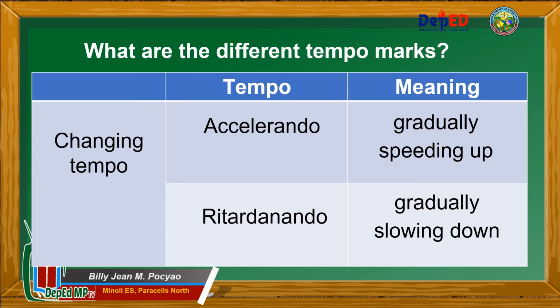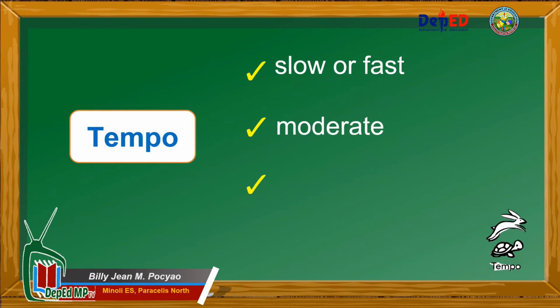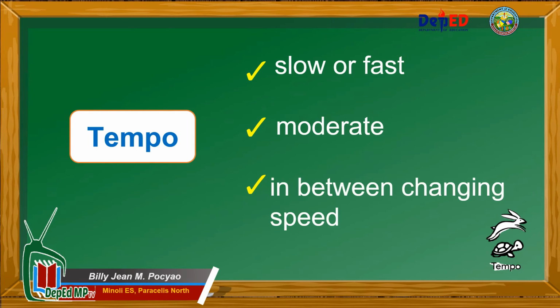Retardando, however, is commonly found at the end of a musical piece. Composers use different tempo markings to make their compositions more meaningful and interesting, like the changing tempo. So, tempo can be slow or fast, it can be moderate, and it can be in between, changing speed.